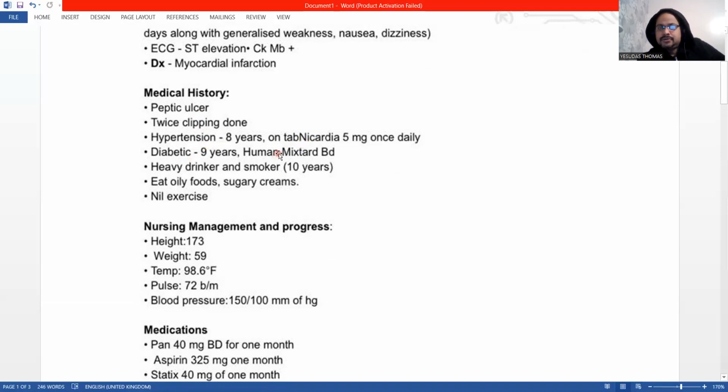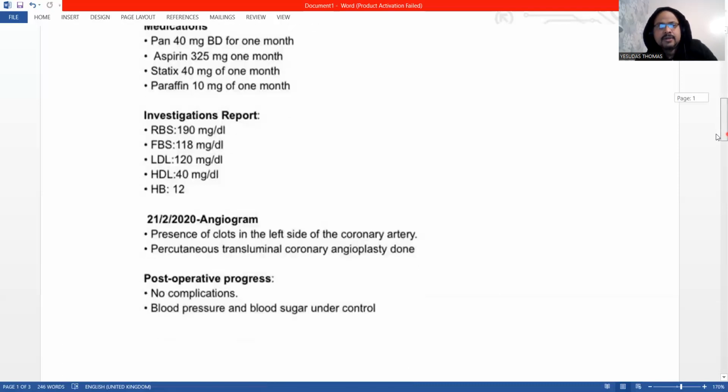These two medicines also should be added to the list of the medication because you are writing to the district nurse. So we need to say that these medicines are going apart from the medicines we have started for a month, that is pantoprazole, statin and all, clopidogrel and all. So we have two more medications in addition to these which are going regular.